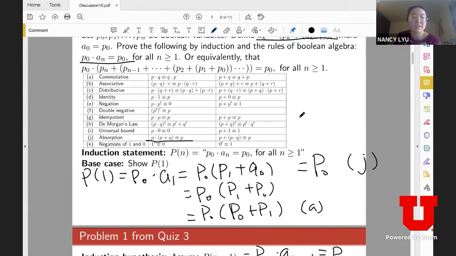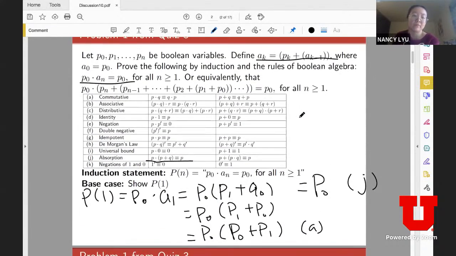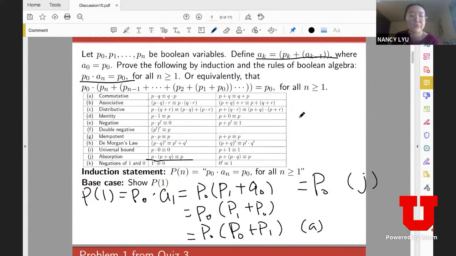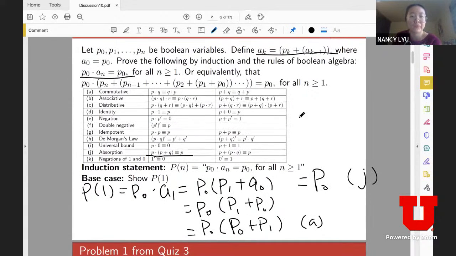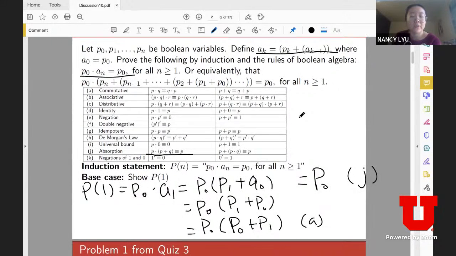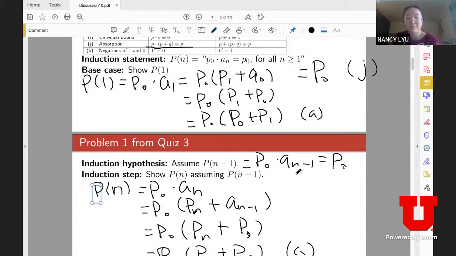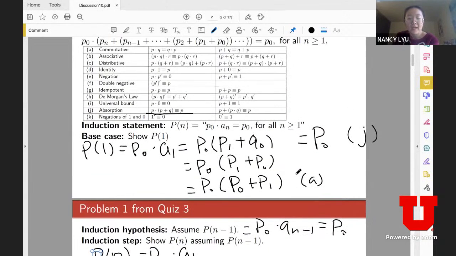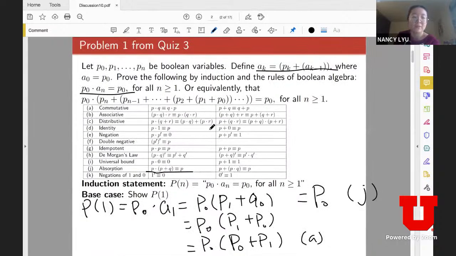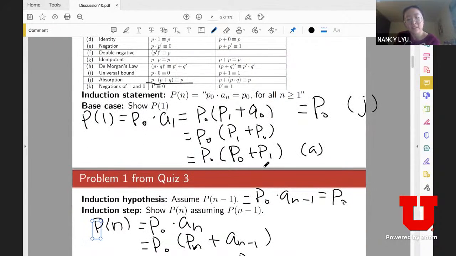So if we substitute the A sub n minus 1 into this formula, that would be P0 dot A1 minus 1 equals P0.